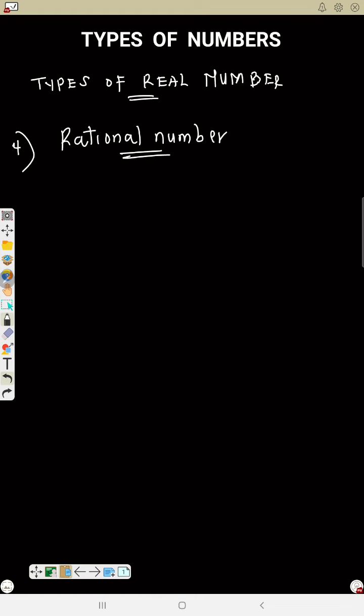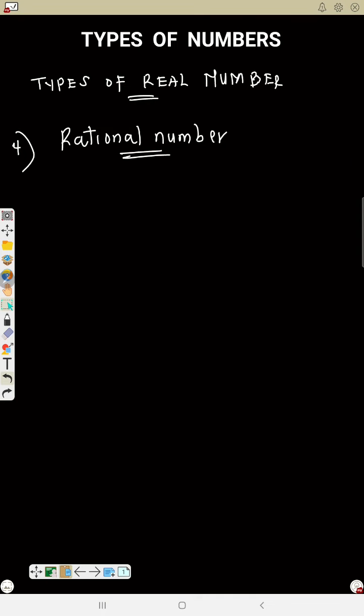Rational number. A rational number is a number that can be expressed as a fraction. What is a fraction? Any number that has a numerator and a denominator. This one is the numerator and this is the denominator.